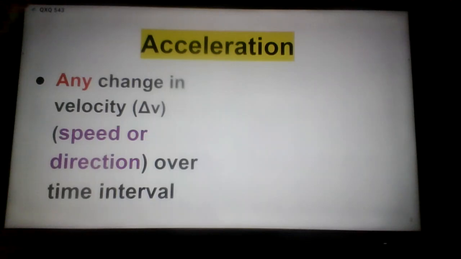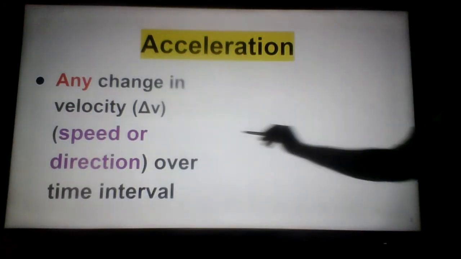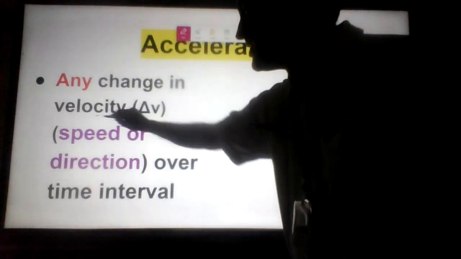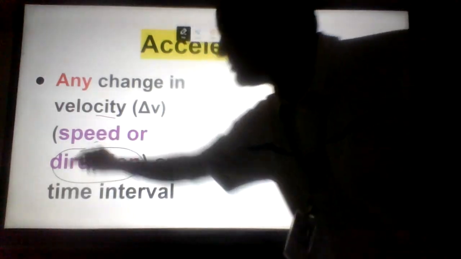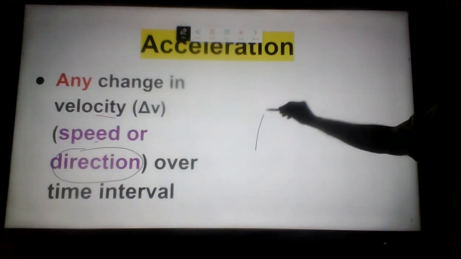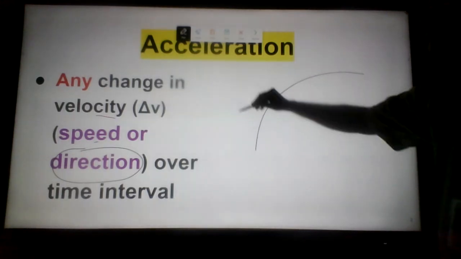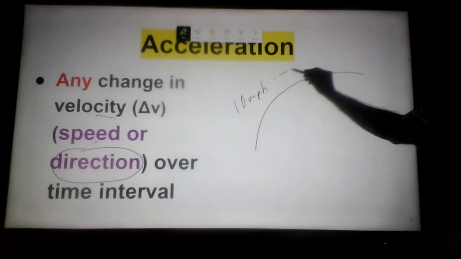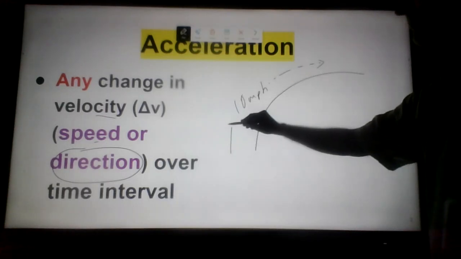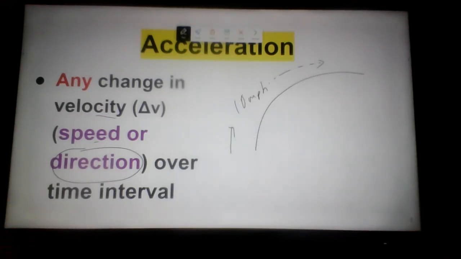Now first, let's consider something else. Notice the definition again: any change in velocity, which also means any change in speed or direction. So if I'm going around a curve, but maintaining my 10 miles per hour all the way, did I accelerate even though I kept the speed the same?